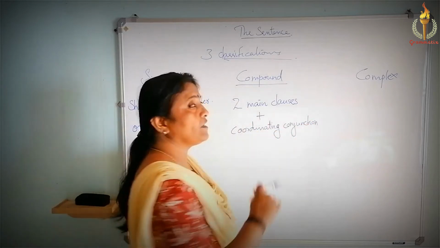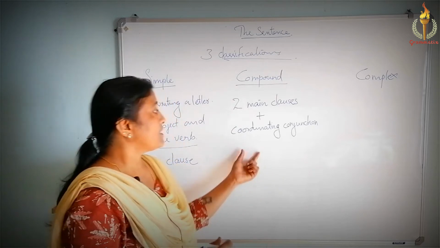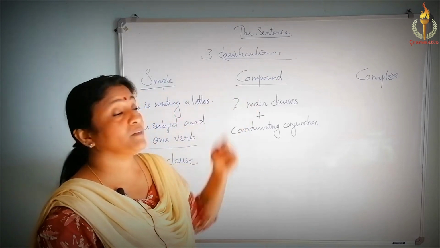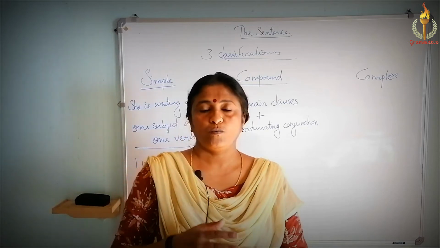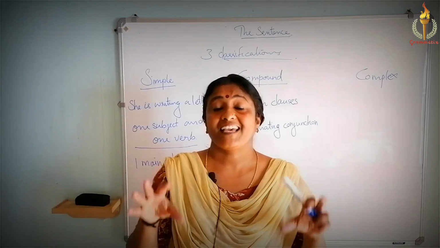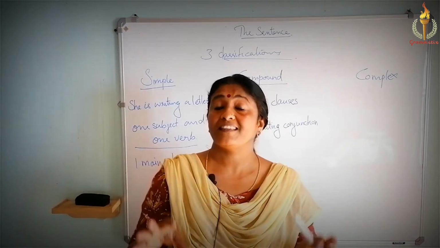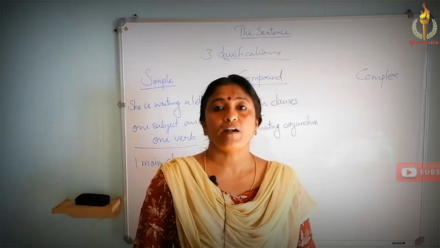So two main clauses, when they are joined using a coordinating conjunction, it becomes a compound sentence. The two clauses can stand by their own. They are the main clause, but only thing is they are joined by a coordinating conjunction.